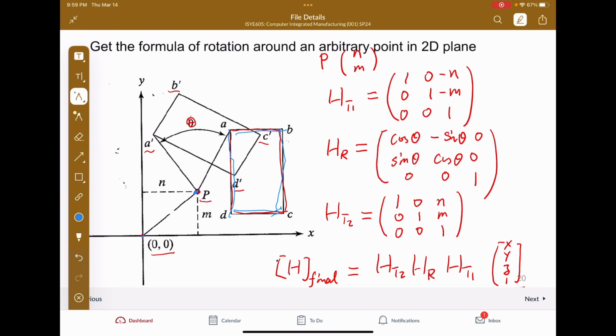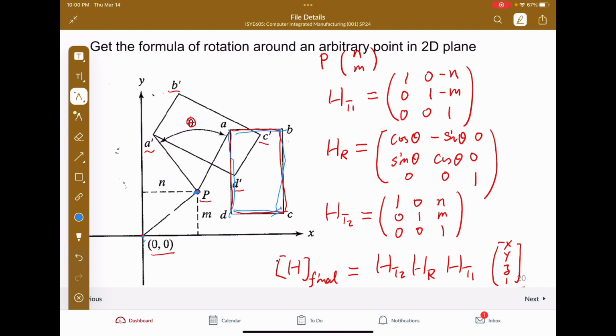So one thing I need to mention is that all the homogeneous rotation or transformation, translation, they all rotate or translate based on the origin. Rotate especially around the origin. So right now, if we do it about P, we cannot directly apply the matrix to it.